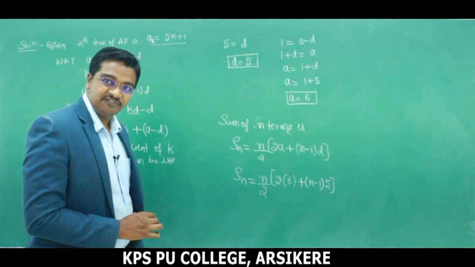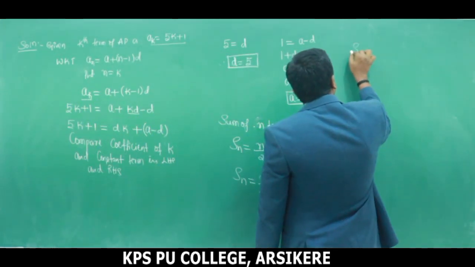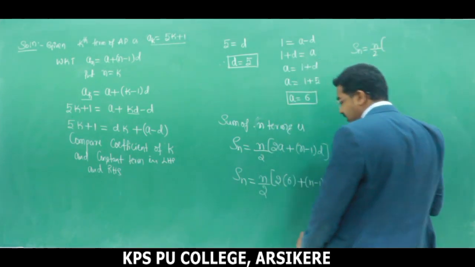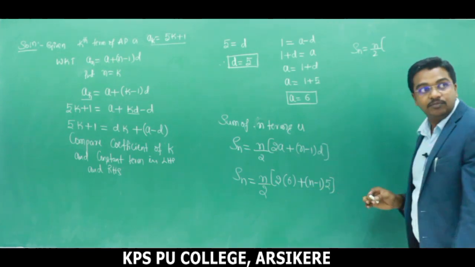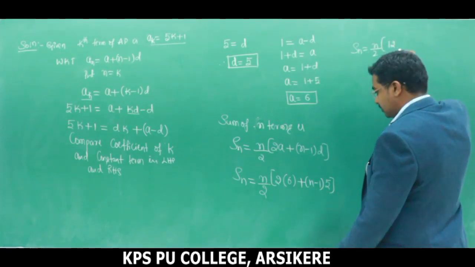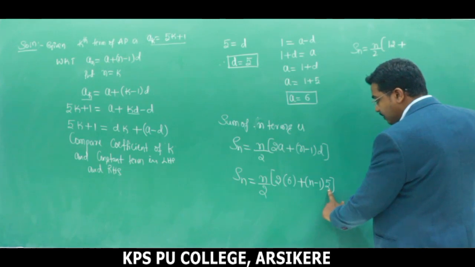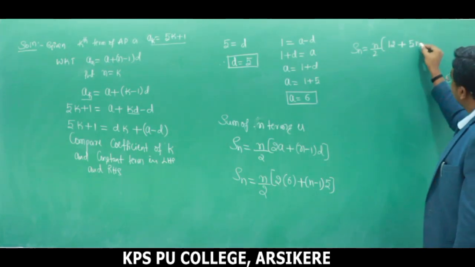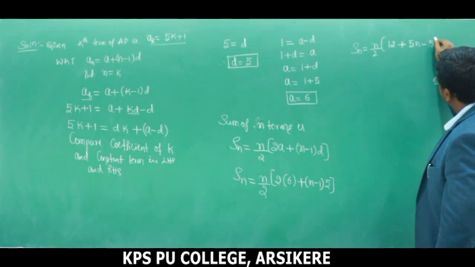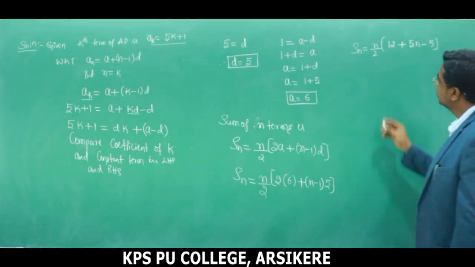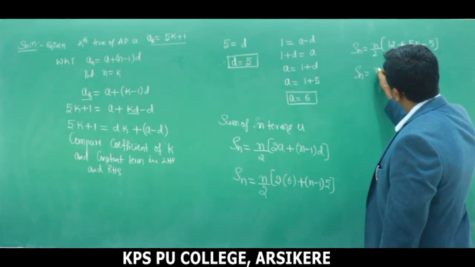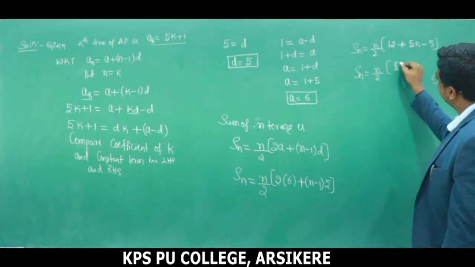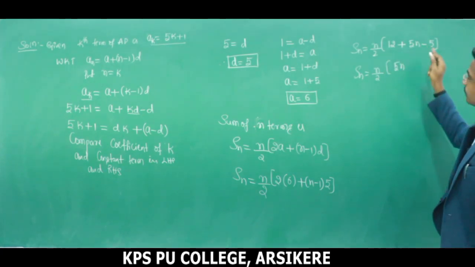Next step is simplification. Therefore Sn is equal to n divided by 2 as it is, and here 2 into 6 becomes 12, plus 5 into n is 5n, minus 1 into 5 is minus 5. Clear? So Sn is equal to n divided by 2 times 5n plus 12 minus 5.